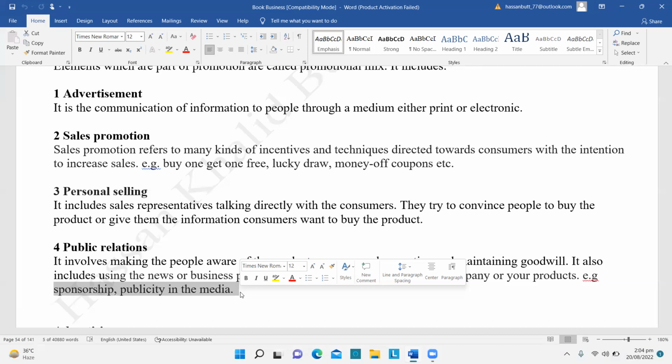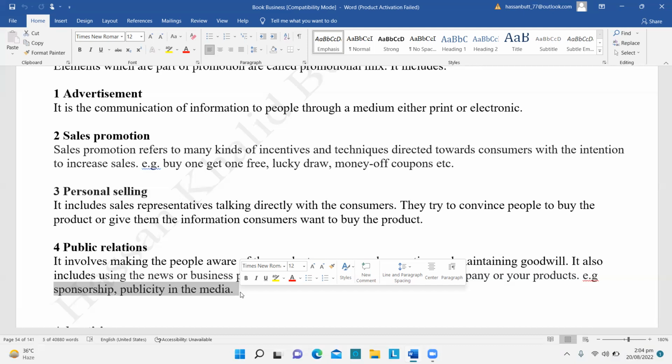Because again, HBL, Habib Bank Limited, is the main sponsor, main financer of that event. And that is why they are bound to use the name of HBL. And this is what we call sponsorship. This is not advertisement. Whenever the name of the event will be called, the name of that brand will automatically be called.